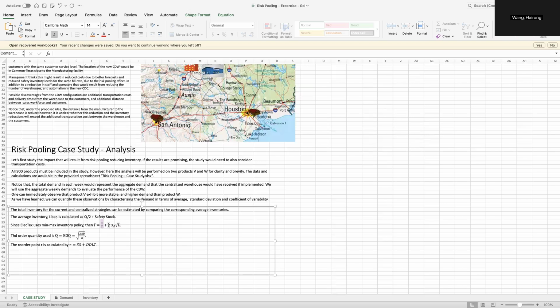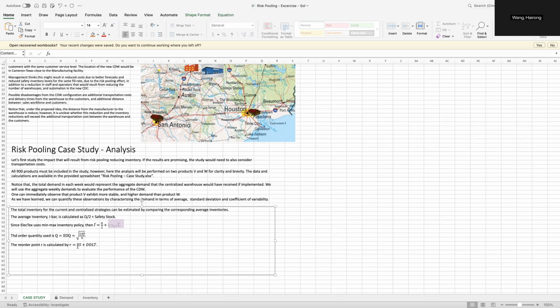And the second one, K times SD times square root of L, where L is the lead time, refers to the safety stock. We calculate the average inventory in this way because we want to consider both the average replenishment cycle and the buffer from the demand uncertainty. So we need to add the safety stock here.